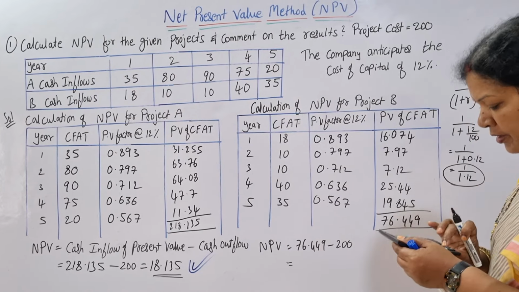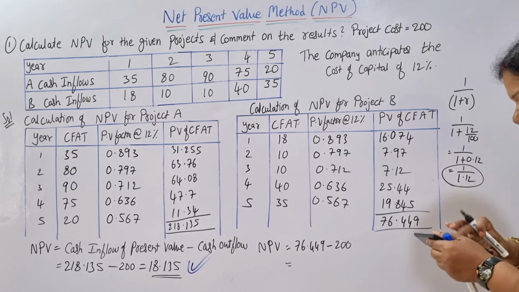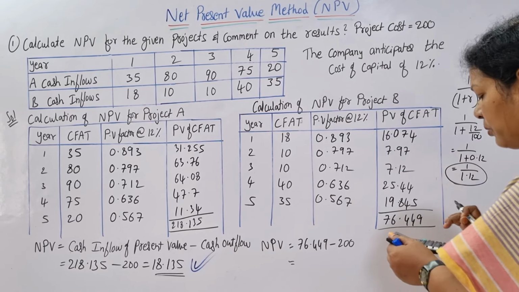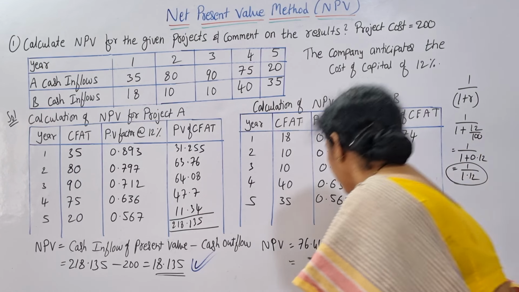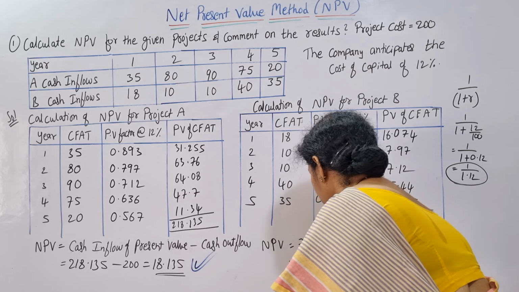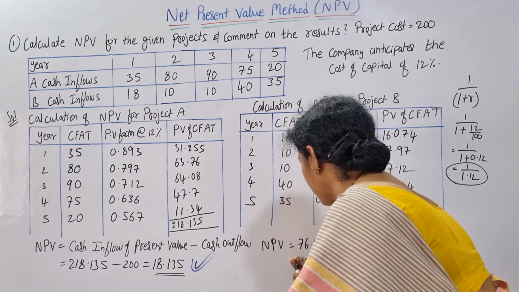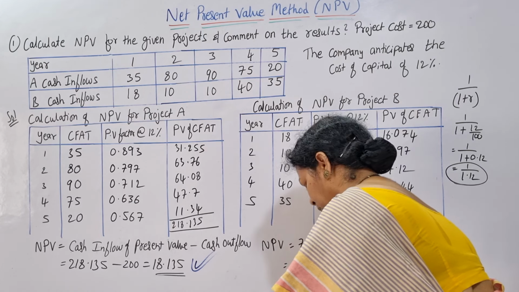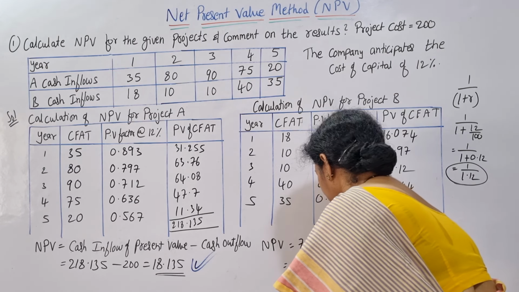Okay, 200 minus 76.449 comes to 123.55. This is minus 123.55.